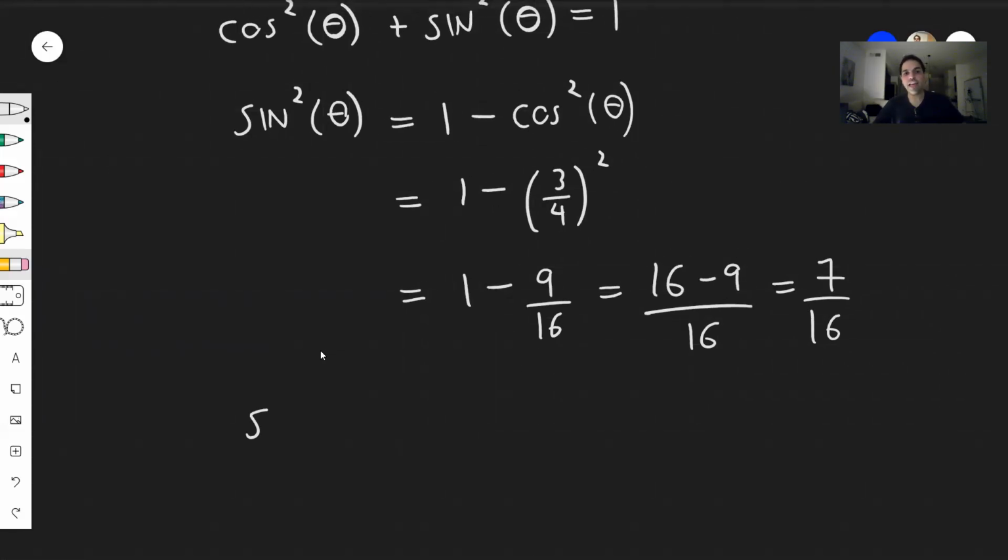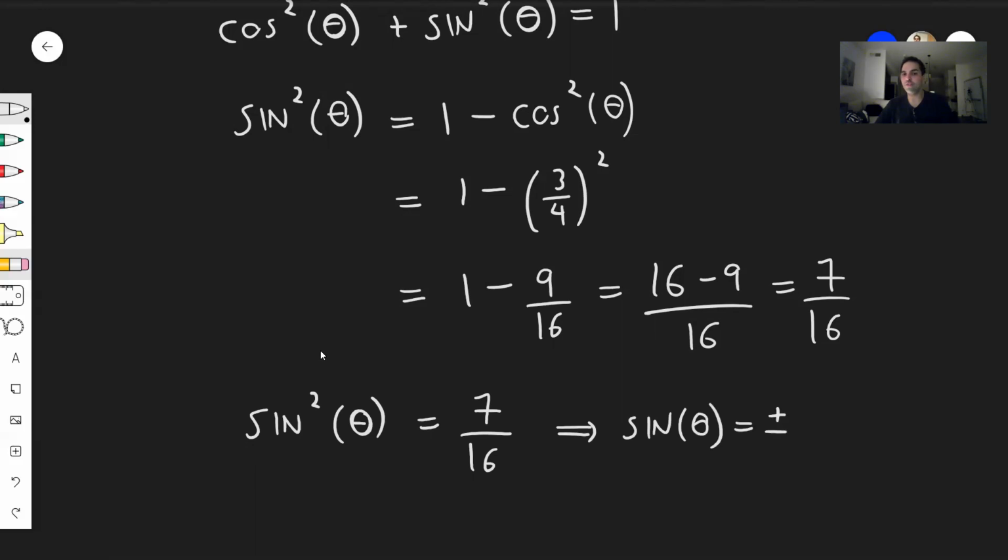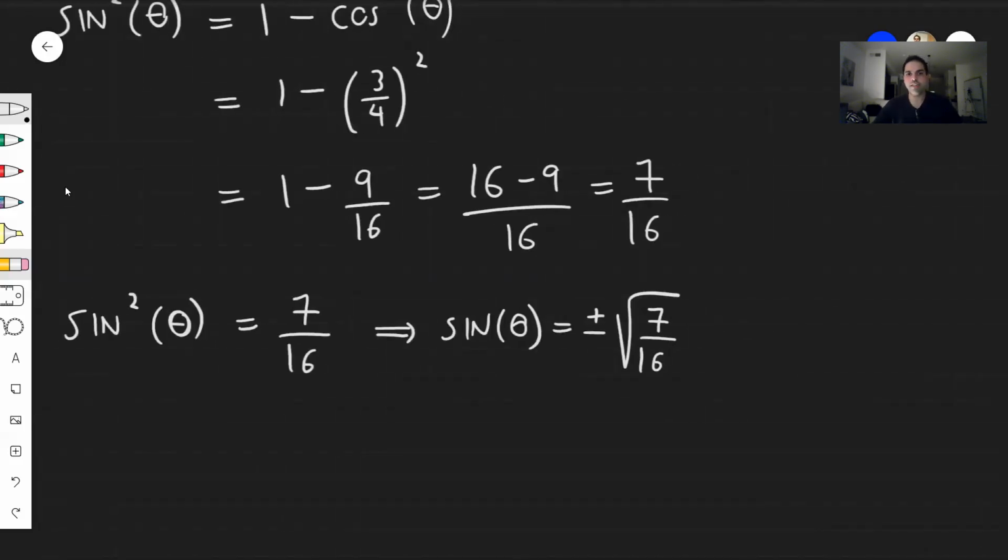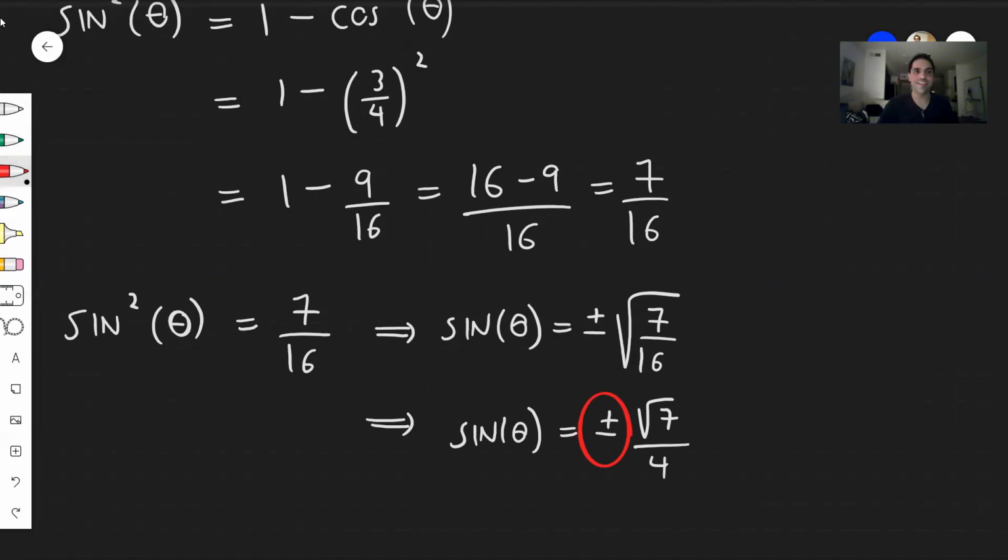So what we get now is sine squared of theta equals 7/16, which means that sine of theta is plus or minus the square root of that, which becomes plus or minus square root of 7 over 4.